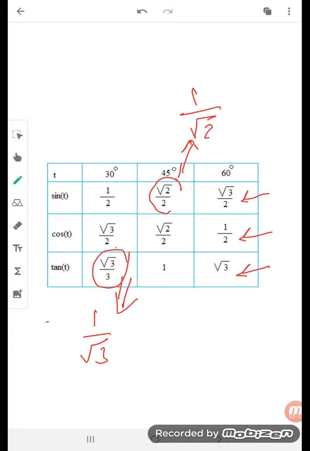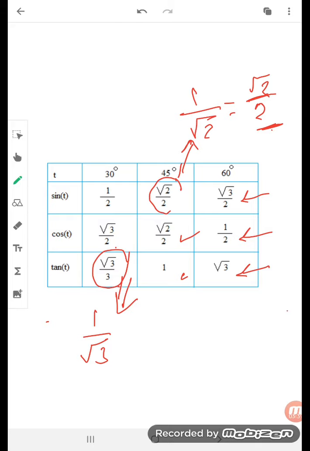The same value, 1 over square root 2, equals square root 2 over 2, but this form is the simplest form, because the denominator has a whole number. Cosine 45 is the same, square root 2 over 2, and the tan 45 equals 1.